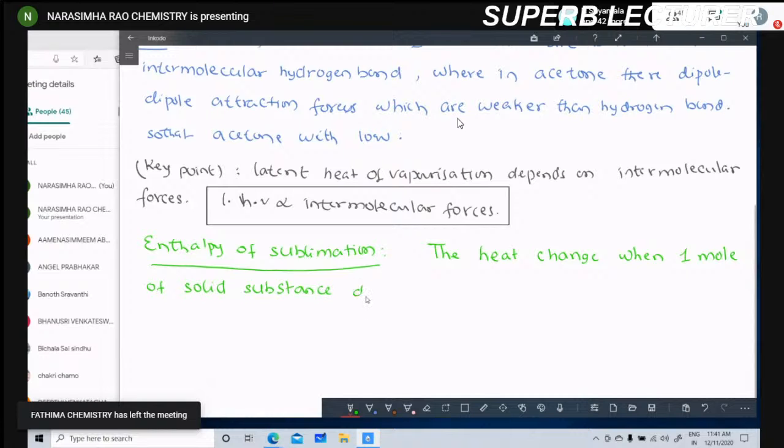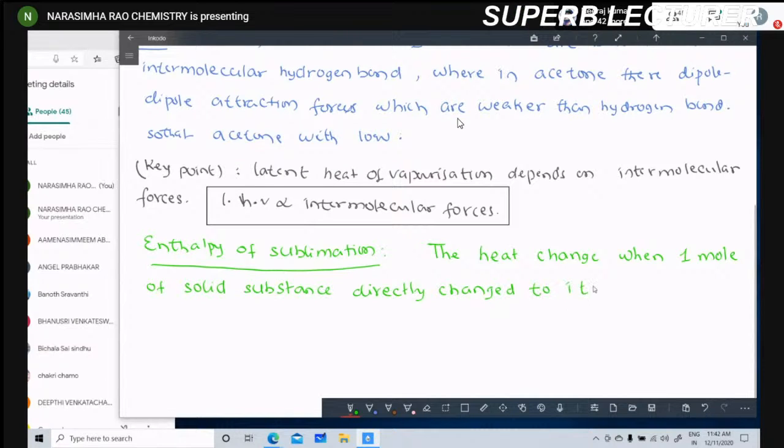It's clear, this is called enthalpy of sublimation, children. For the example, I am taking, children. This is for the example.